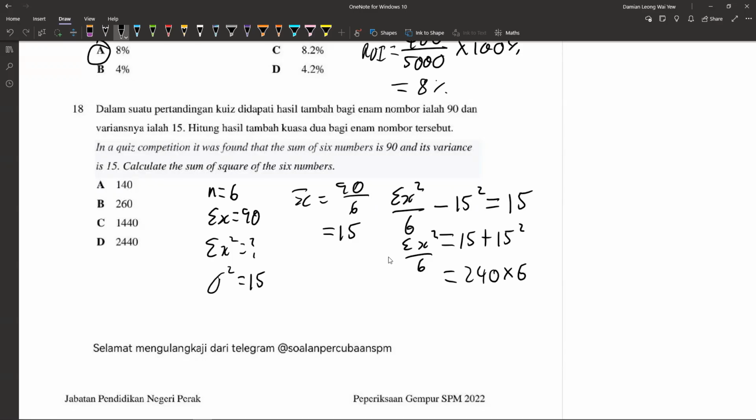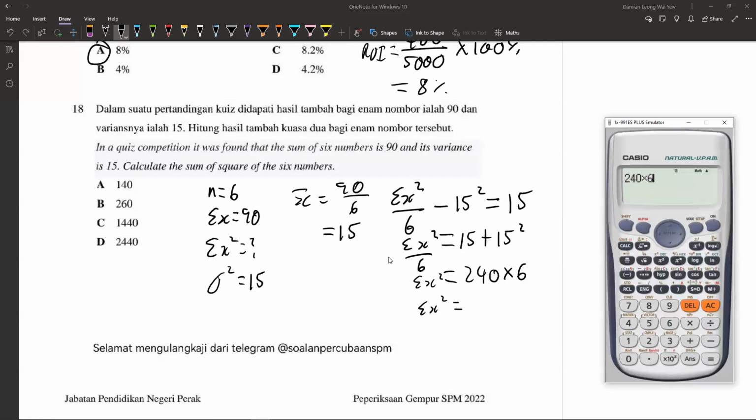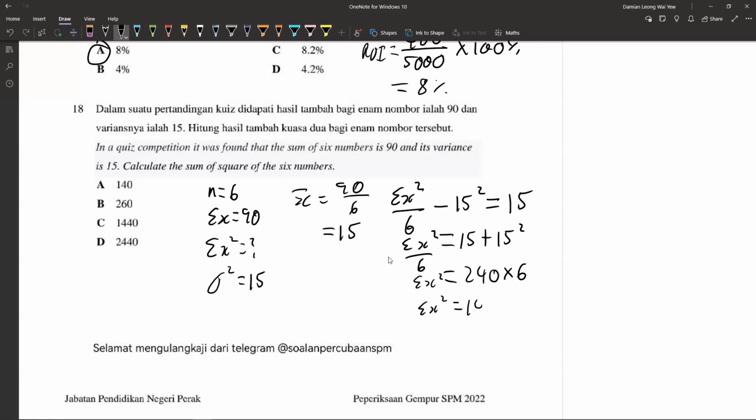Divide 6, opposite times 6. So 240 times 6 is 1440. Answer C. Yeah, just like that. Just using mean and variance formula. Sum of x square over n minus mean square.